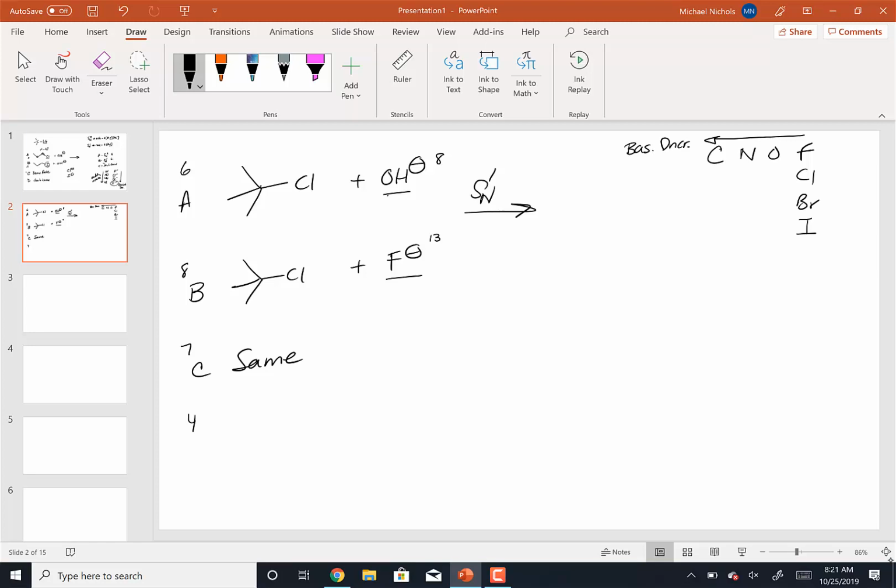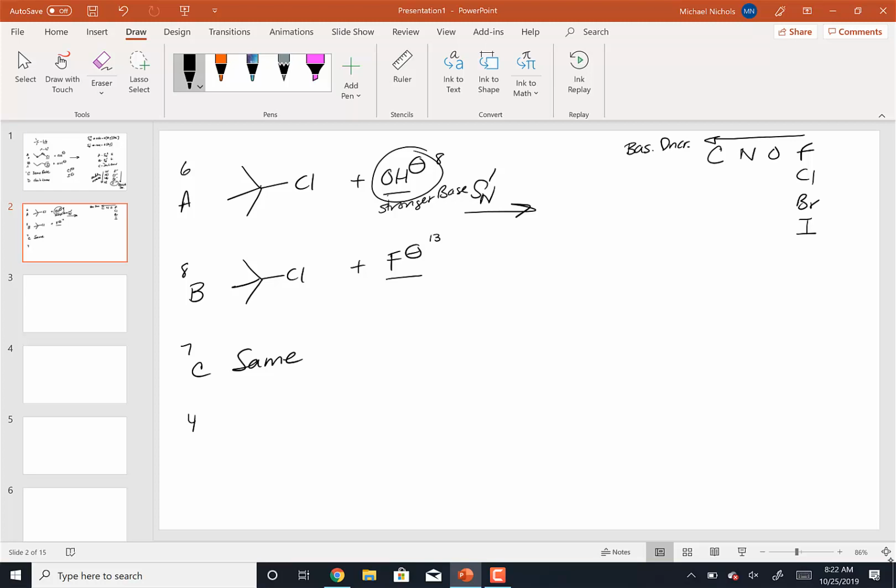If I dump hydroxide into water, it's going to react with the water to form more hydroxide. If I dump fluoride into water, what happens? It's in an equilibrium, right? It partially reacts with the water. So that makes hydroxide a stronger base. Okay, so this is then the stronger base. Now, does that make sense?